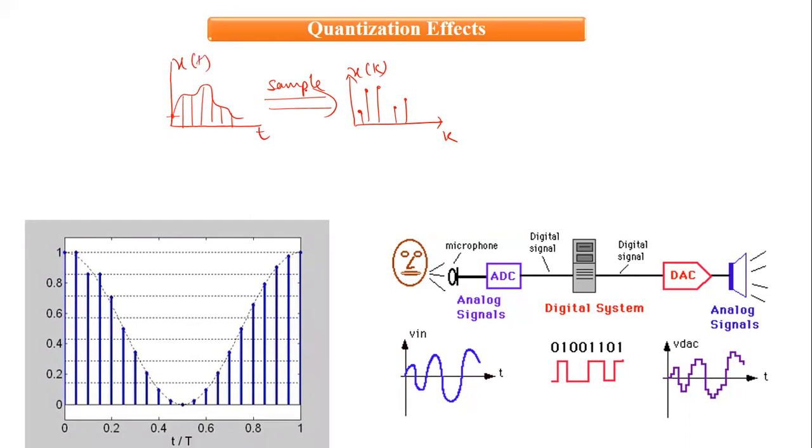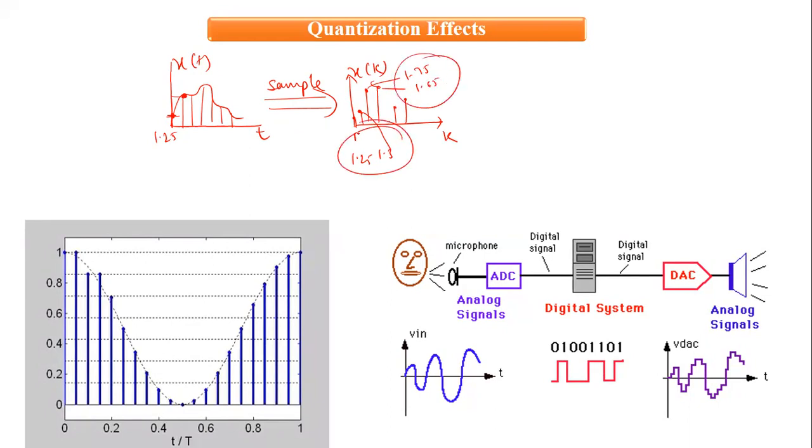So if you have sampled data at k equal to 0, for example here, and the value of this amplitude is 1.25, the value of this first sample will be 1.25. Similarly, the value here will be, let us say, 1.3. This value is, let us say, 1.75. This value is, let us say, 1.65. Something like this.